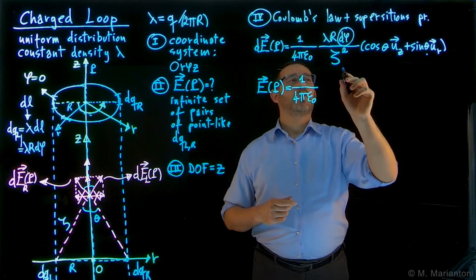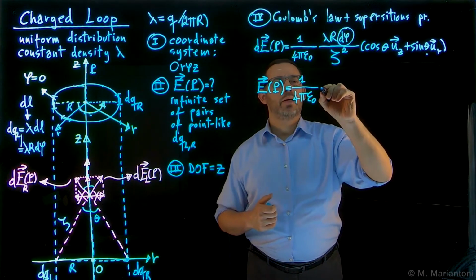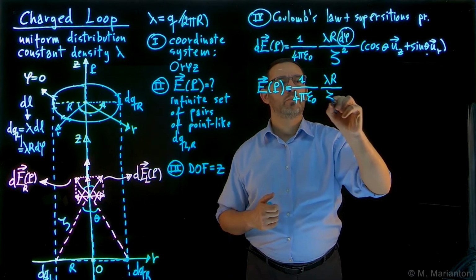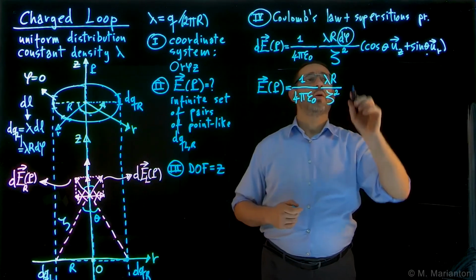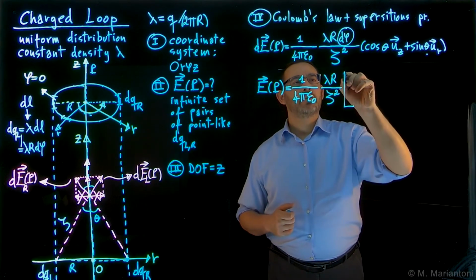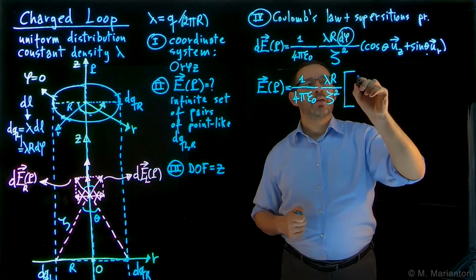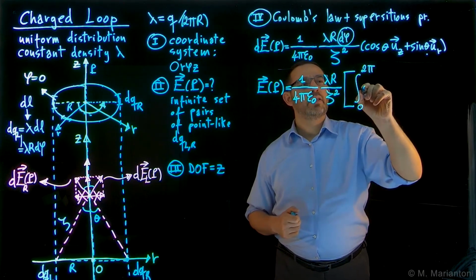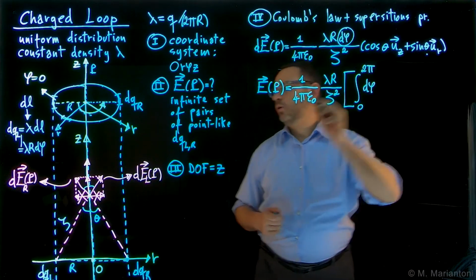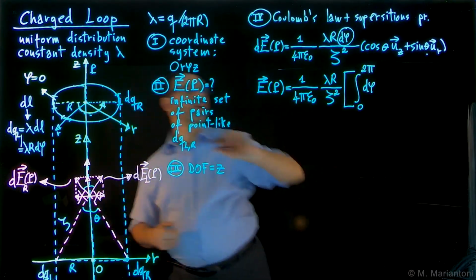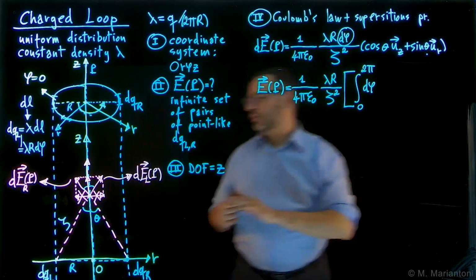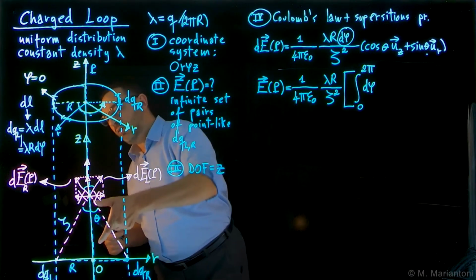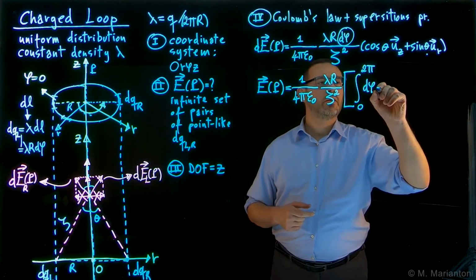Lambda, capital R over d squared are constant, so we can keep them outside the sign of integral. We then have, let's open a bracket, the cosine of theta term. So this will be the integral from 0 to 2 pi in d bar phi. Cosine of theta, we have seen this already for the problem of the hexagon. It's nothing but regular z divided by Greek z.